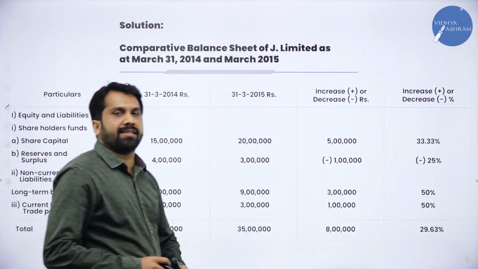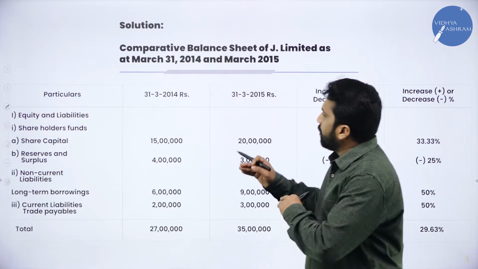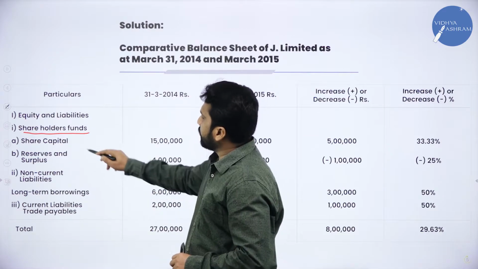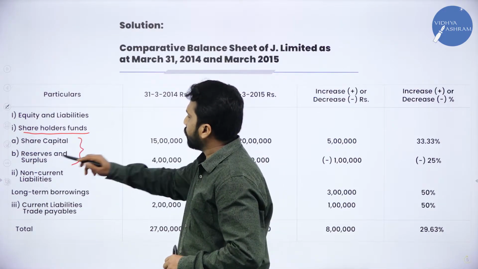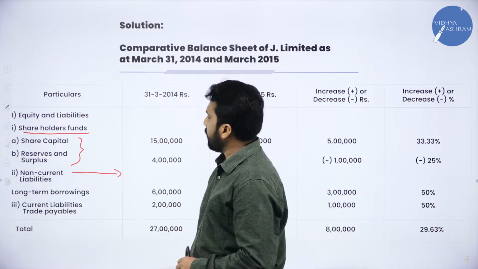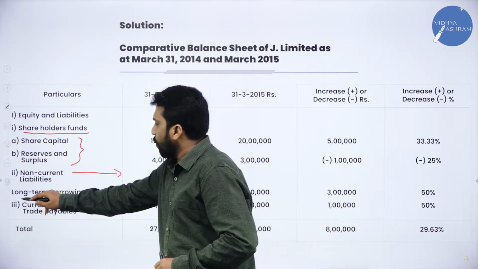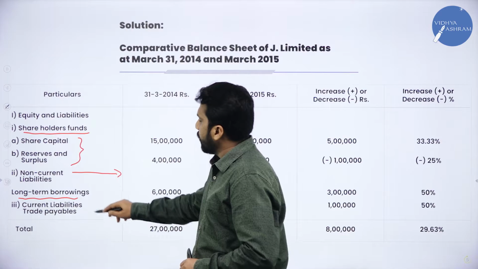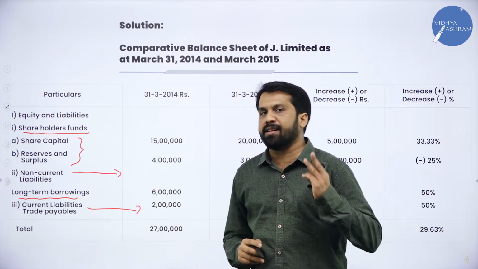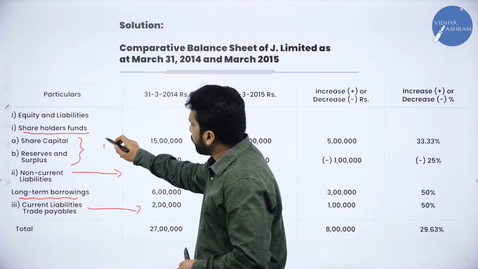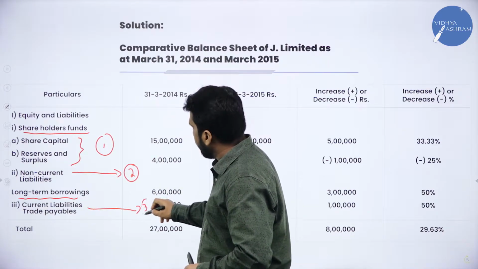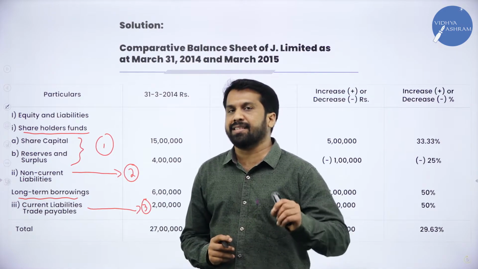This will be your answer. As I told you, you have shareholders fund. Under this, we have these two. We have non-current liability. Under this, long-term loans. We have current liability. We classified into 3. There is the first one, second one, and third one. Easy.